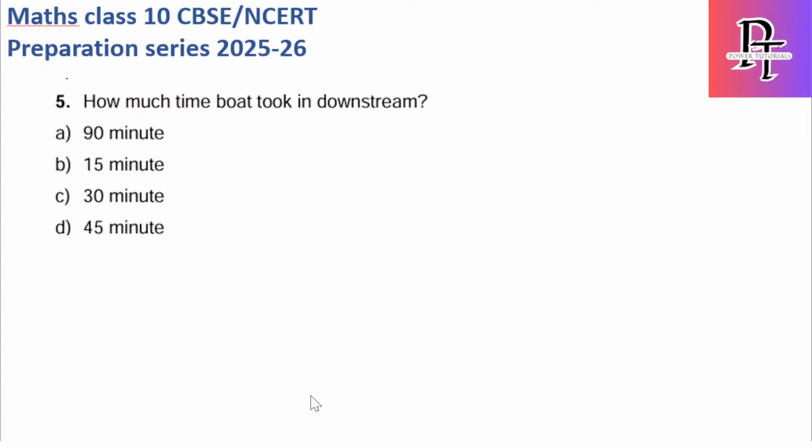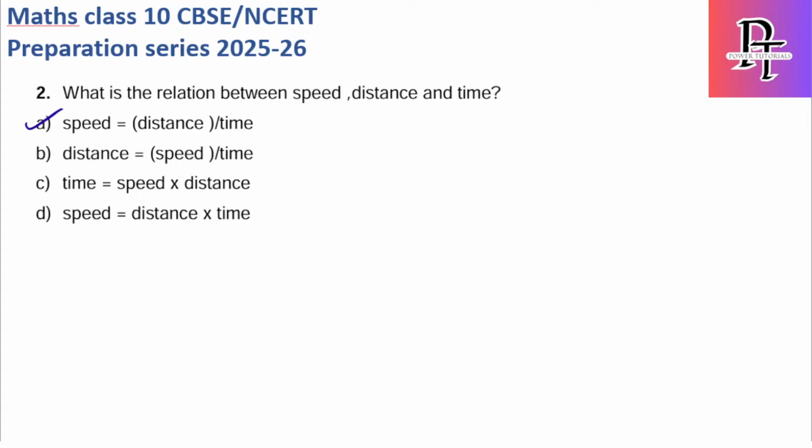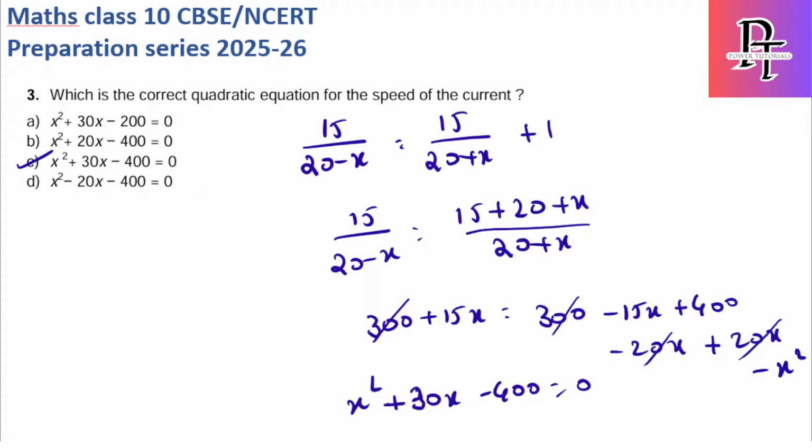How much time did the boat take downstream? So for downstream, speed, I will write the same again: distance by time. They're asking time now. Distance we know, which is 15.